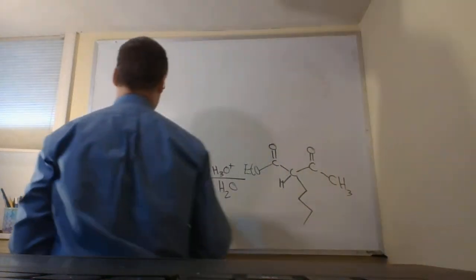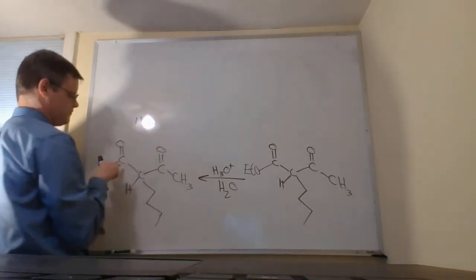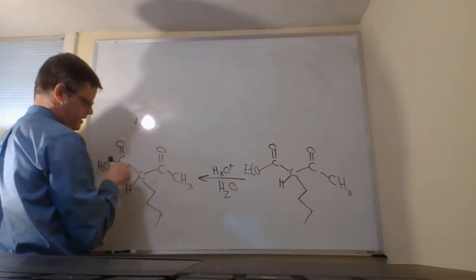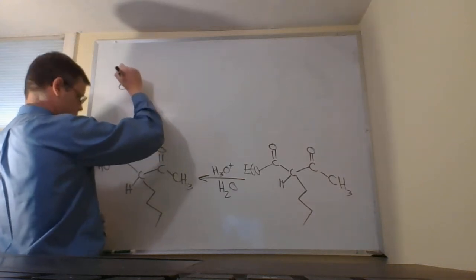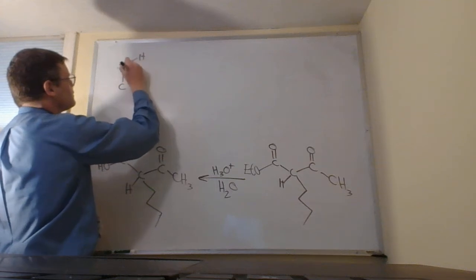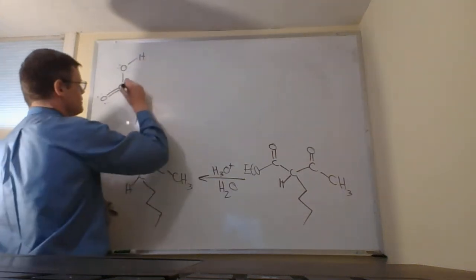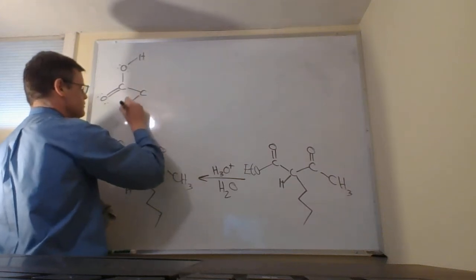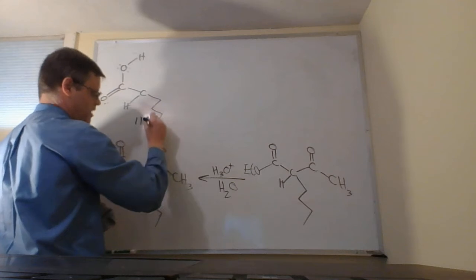Okay, I'm going to redraw this. So I'm going to say this equals, and then I'm going to rotate around this C-C bond here. There's no reaction happening here, I'm just rotating our view of the molecule.